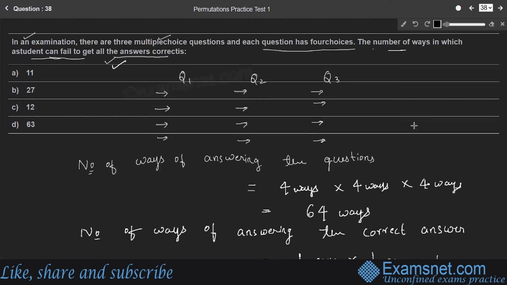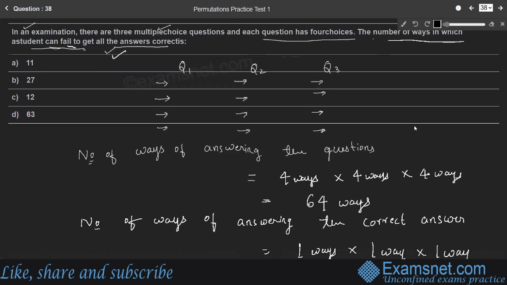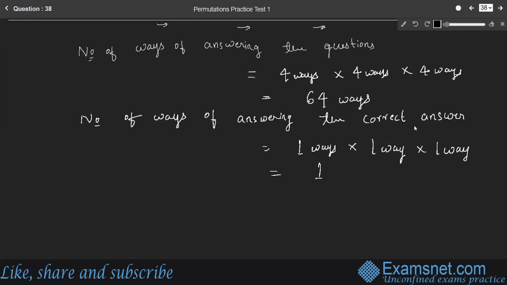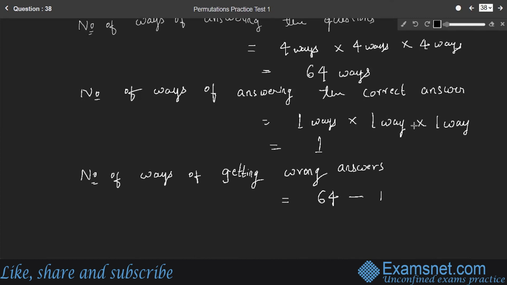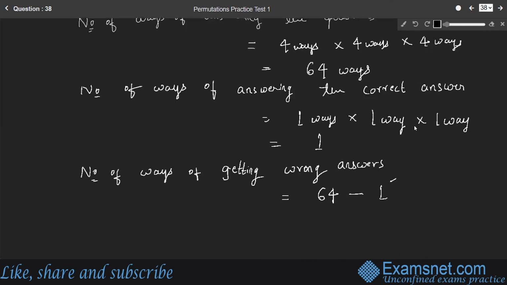Therefore, come back to the question: the number of ways in which a student can fail to get all the answers correct. That means the number of ways in which the student can answer wrongly, with at least one wrong answer. Therefore, the number of ways of getting wrong answers is equal to the total ways of answering minus the number of ways of getting the correct answer, which is only 1.